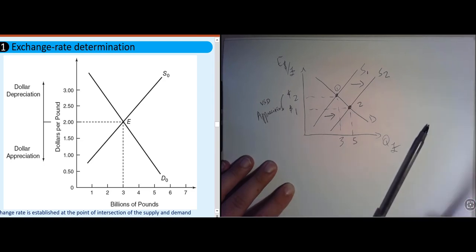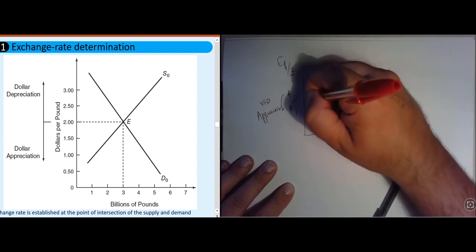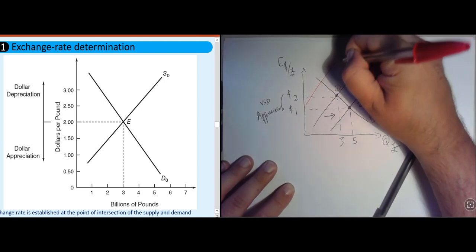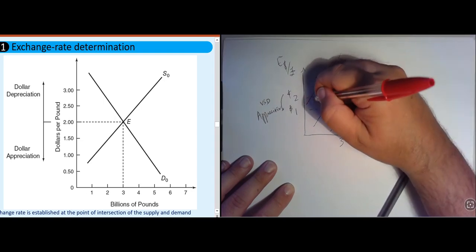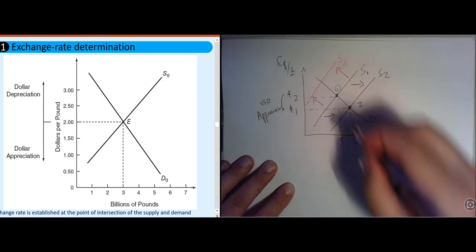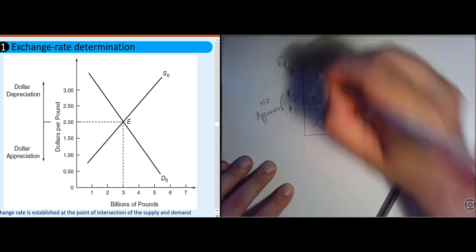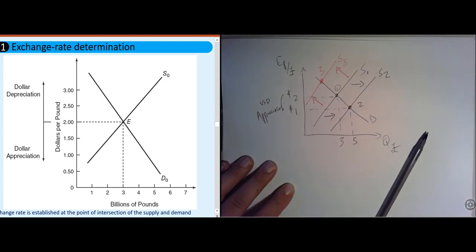Now let's assume that British investors become increasingly more optimistic about British investments and are not so eager to get rid of their pounds for dollars. So in that case, the supply would contract. Let's call it S3. If the British are less willing to get rid of their pounds, leading to this point 3 equilibrium, intersection of the new supply with older demand.